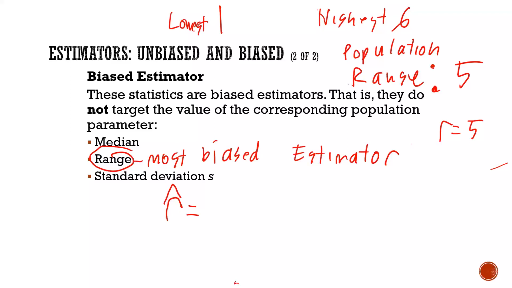Let's say r hat is the range of a sample of 5 dice rolls, just like before. What's the largest r hat could be? The range of 5 dice rolls, the largest it could be is 5, and the smallest it could be is 0.